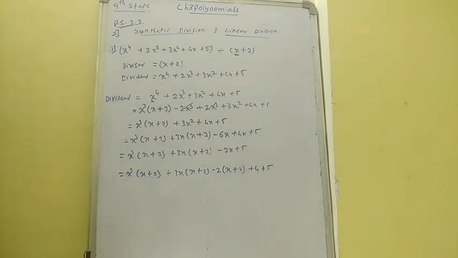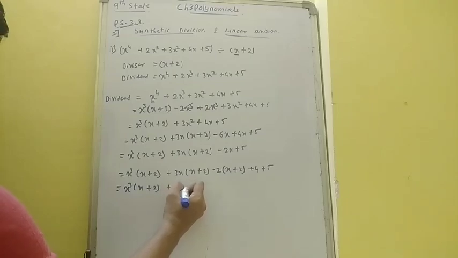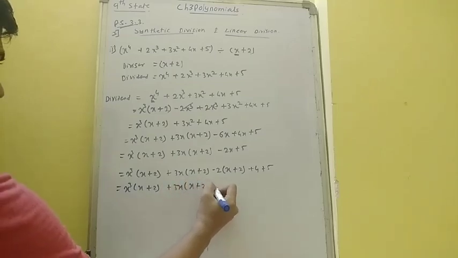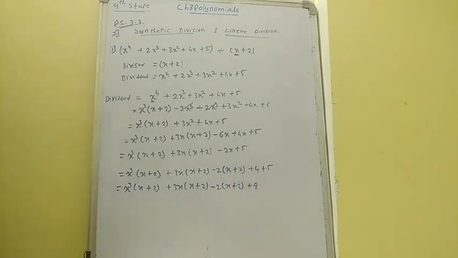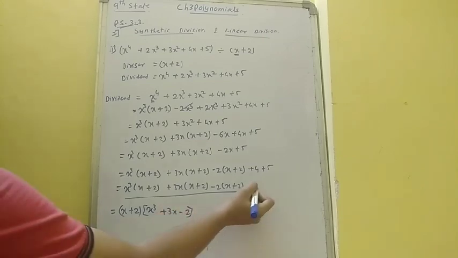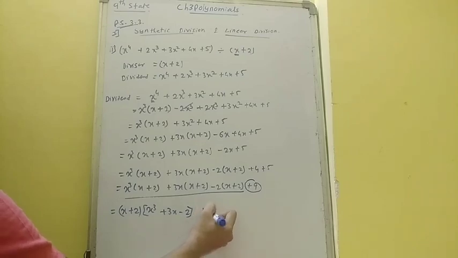Okay, so x cube, x plus 2, 3x, x plus 2 minus 2, x plus 2 plus 9. Okay, so I will take x plus 2 common. So what is remaining? x plus 2 was the divisor. So what is the quotient? x cube plus 3x minus 2, and the last part will be the remainder.